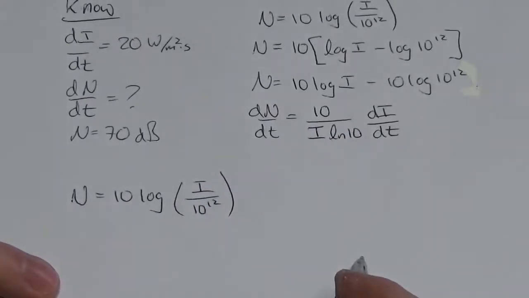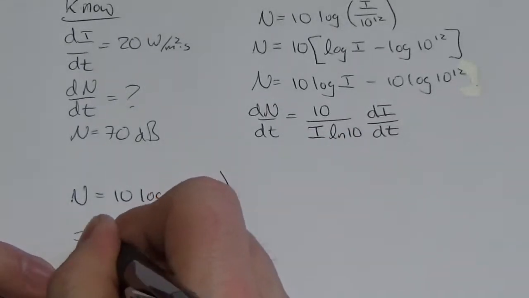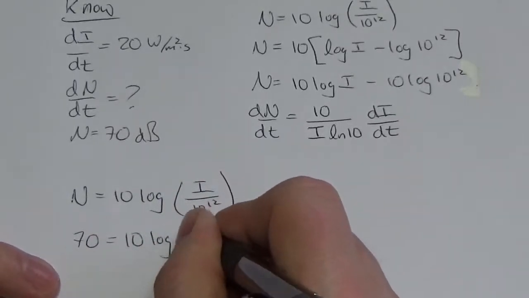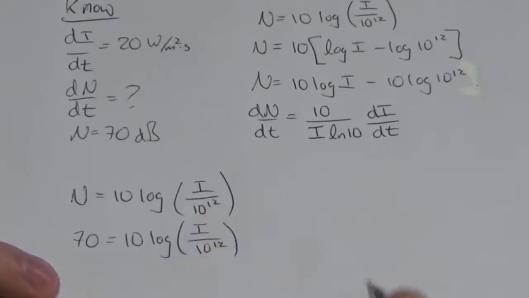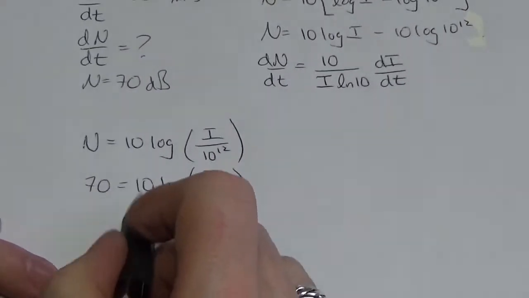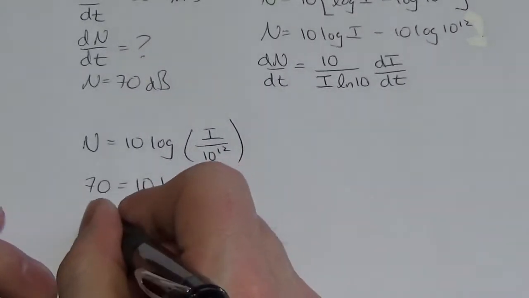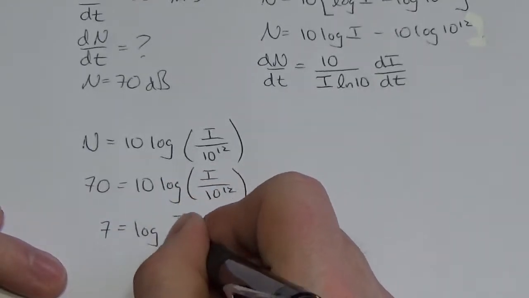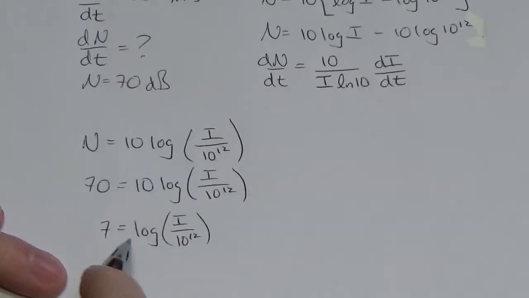And I know that this is supposed to be equal to 70 at the specific moment that I'm interested in. So 70 is equal to 10 log I over 10 to the 12. Divide both sides by the 10. 7 is equal to the common log of I over 10 to the 12.